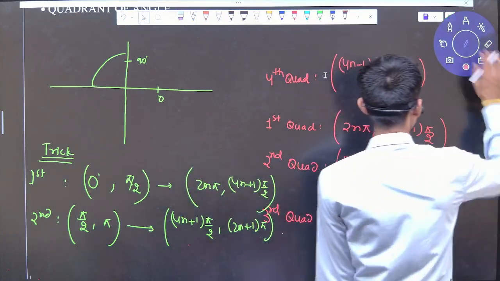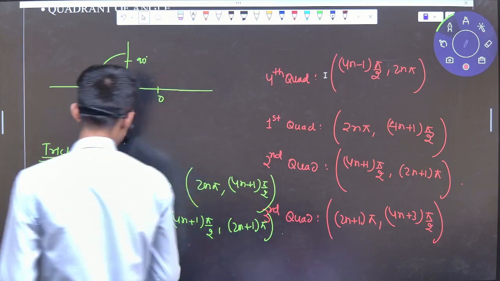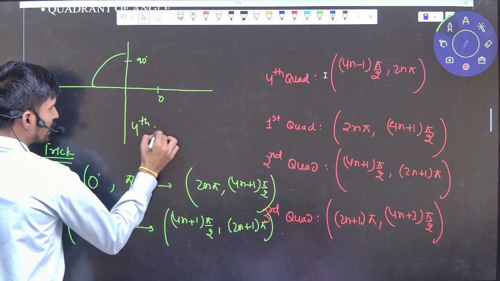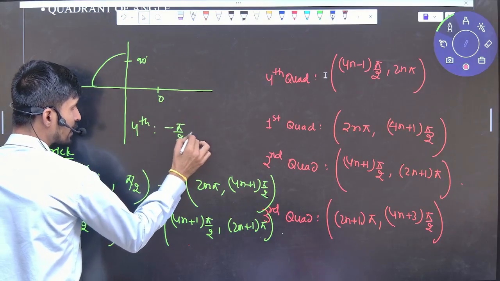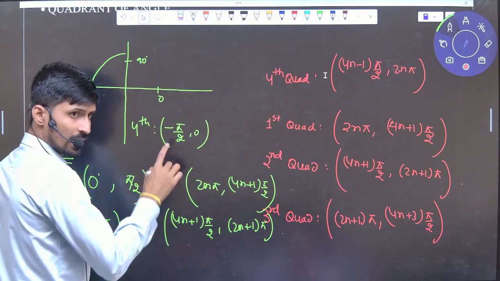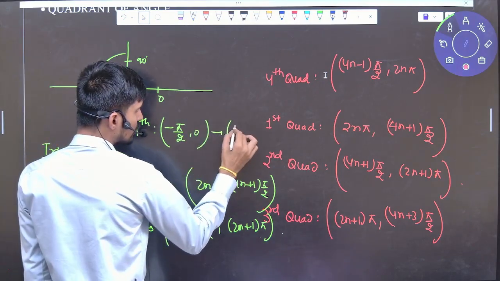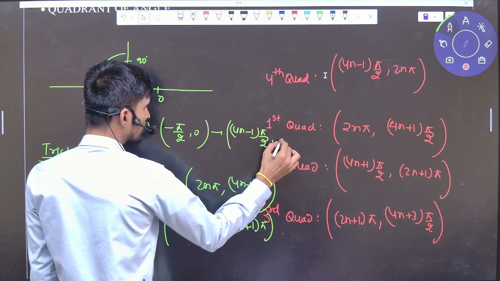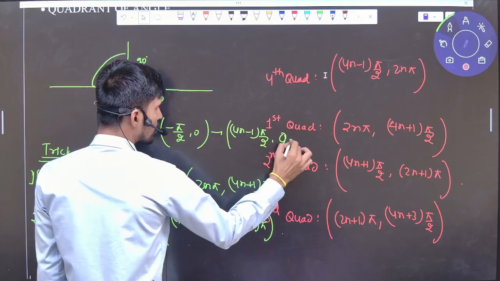But for the fourth quadrant, what you will remember, you have to write minus pi by 2 to 0. Here you will add 2n pi. So that will come 4n minus 1 pi by 2 to 2n pi.